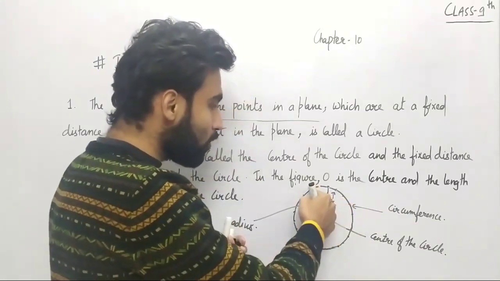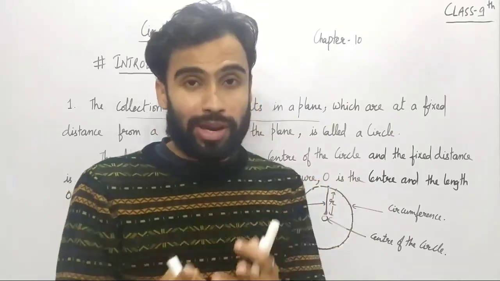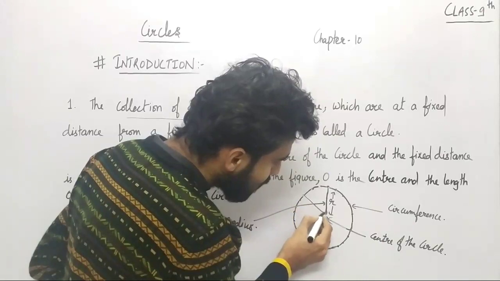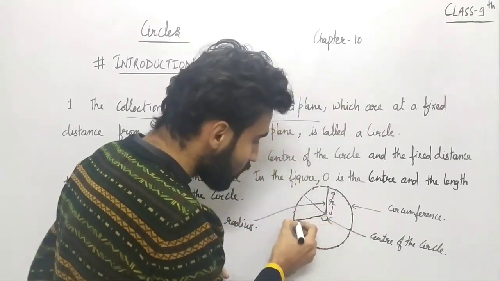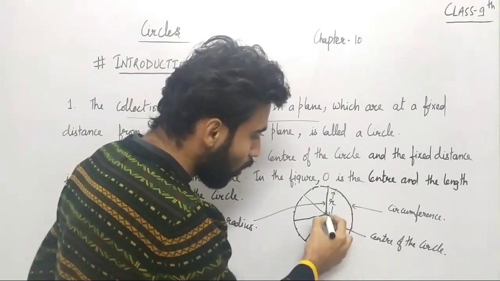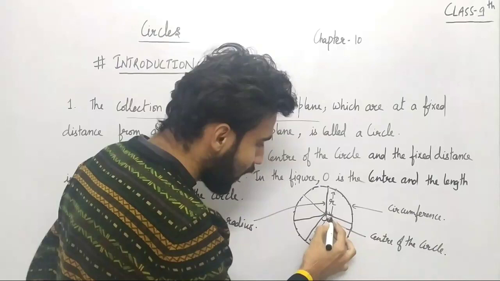If you see, all these infinite number of points that lie on the circumference have the same distance from this center, because all these lengths will be the radius of the circle, right?